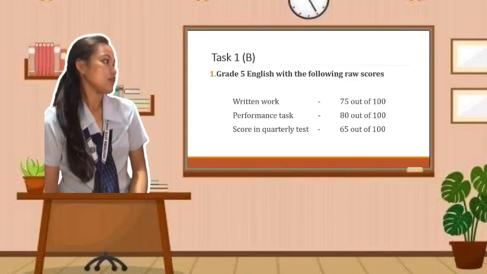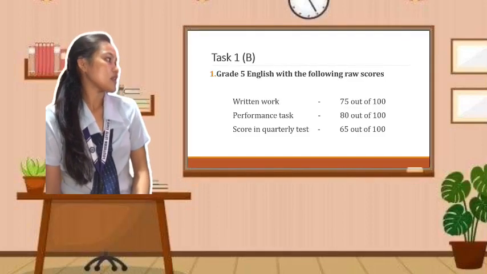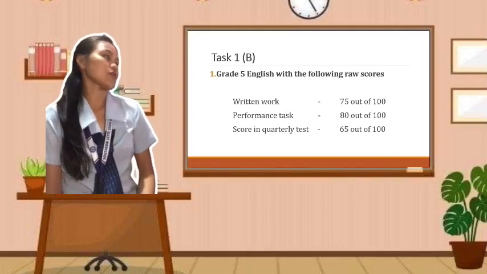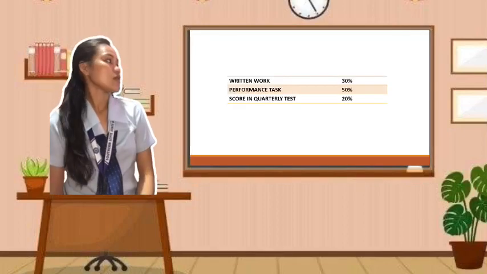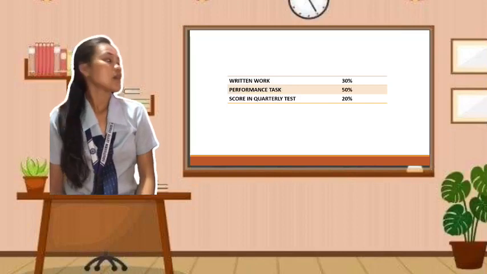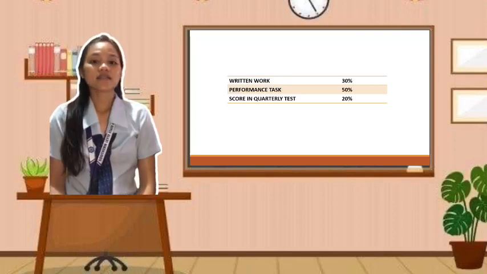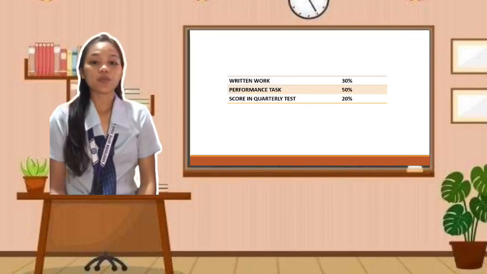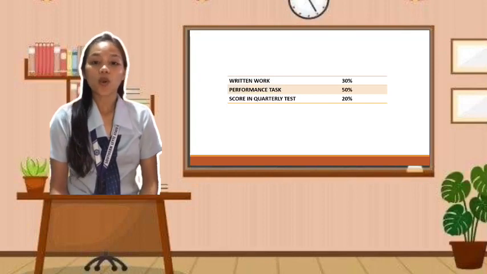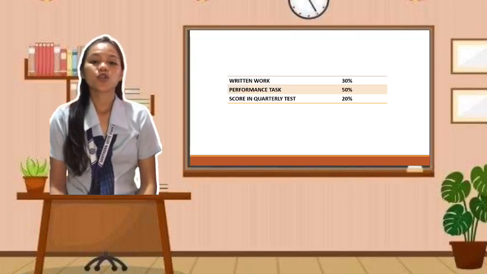So we have here the grade 5 English student raw scores. The written work has 30%, the performance task has 50%, and the quarterly test has 20%.